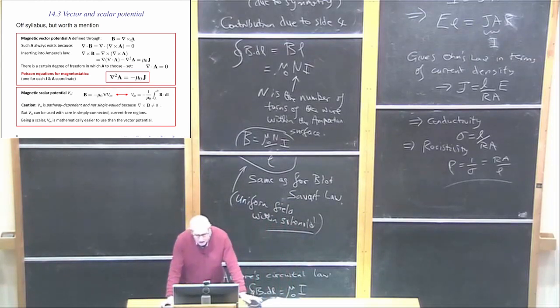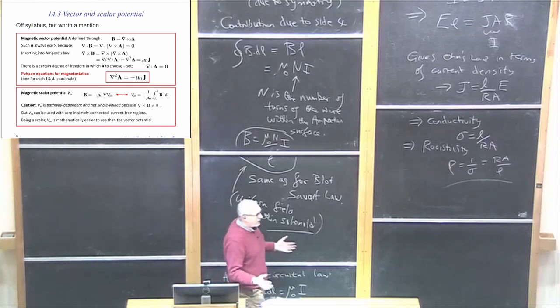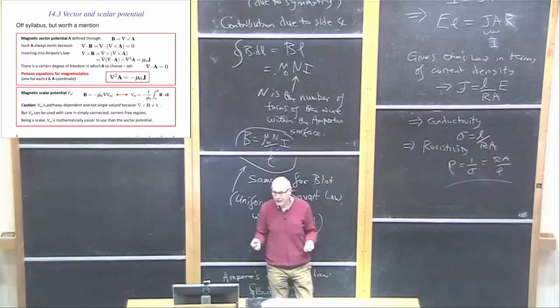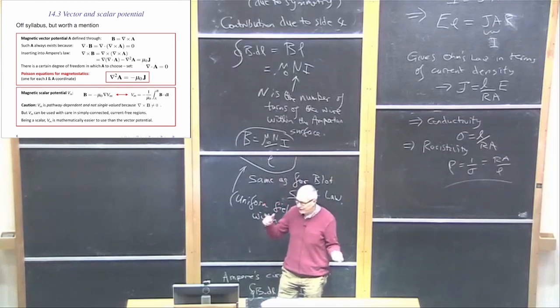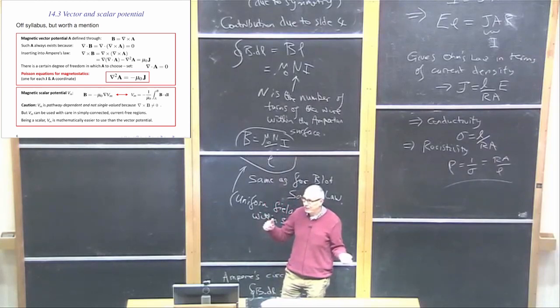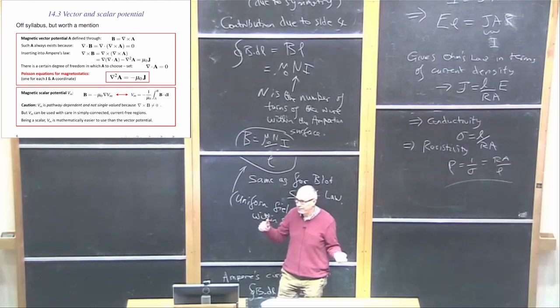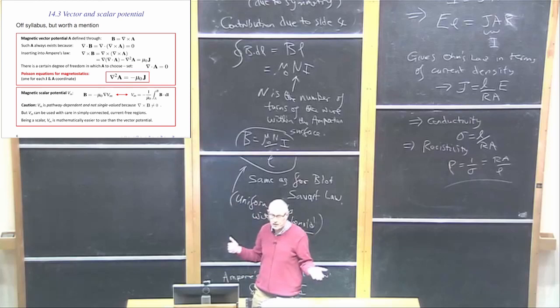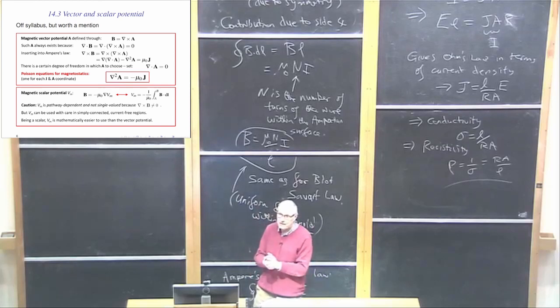So it's just like you define a potential. In electrostatics, there's the field. Just remember it: the E field is minus grad V, where V is a scalar potential.